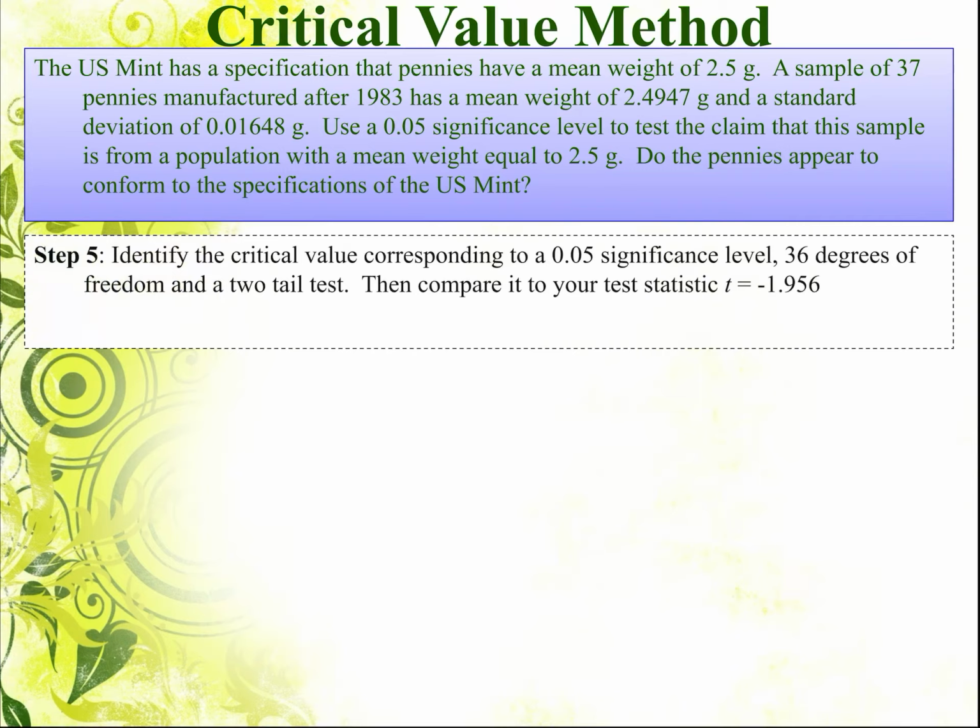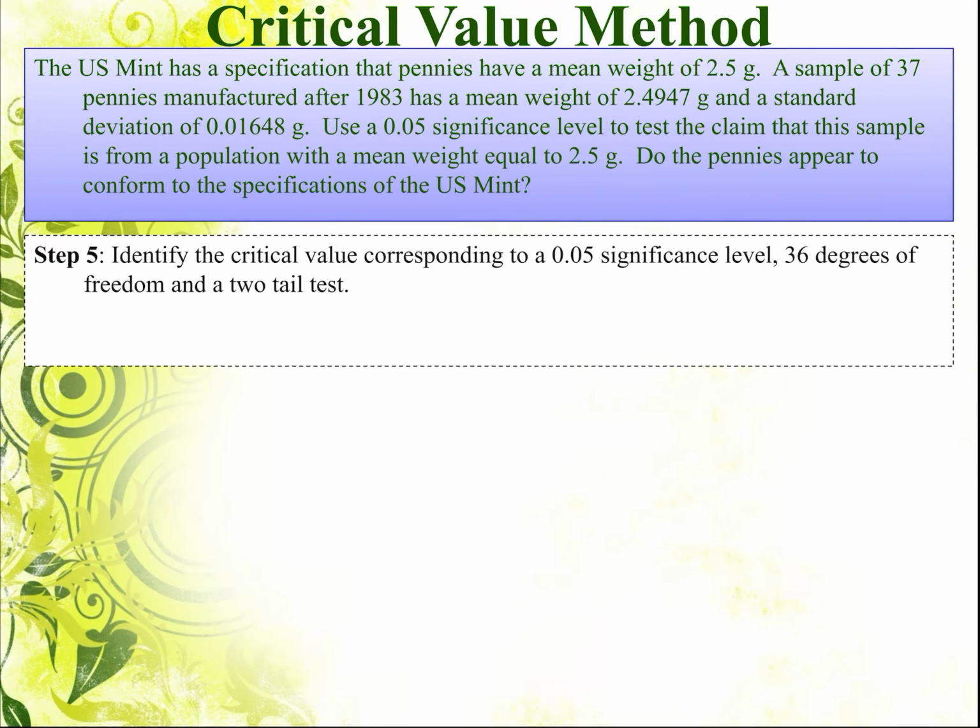Since there was a sample of 37 pennies, we have 36 degrees of freedom, and we're going to use a two-tailed test. With a test statistic of t equals negative 1.956, we get a t-value of negative 1.956.